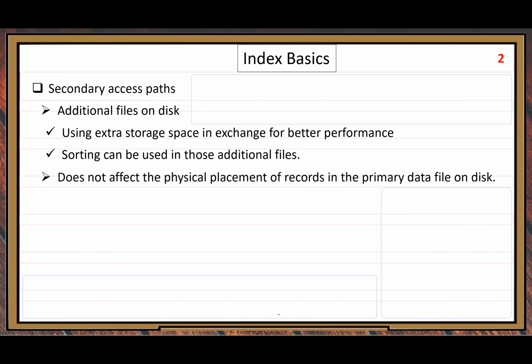It does not affect the physical placement of records in the primary data file. Your original data won't be changed because your original data reflects your business situation, so you don't want to change that. Although fast search performance is important, you don't want to change your business related data.